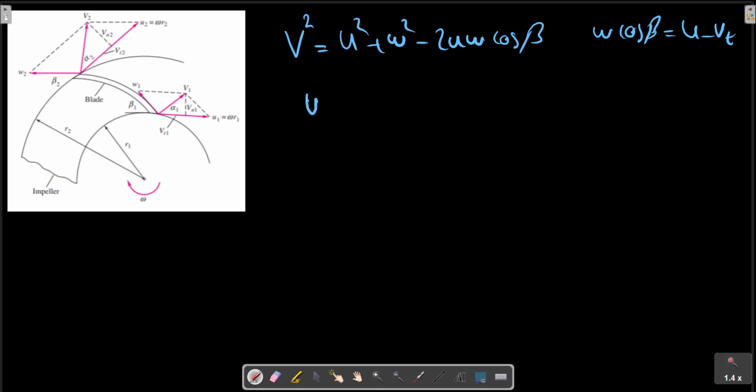Substituting, we can write U Vt equals one half of V2 plus U2 minus W2.